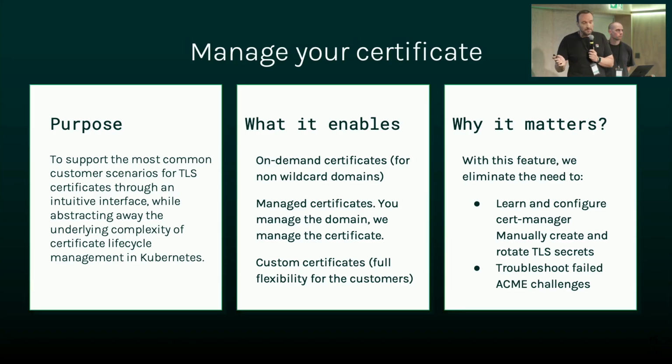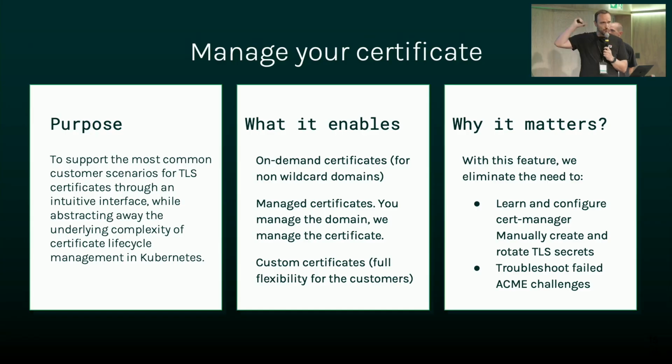And that's probably the most complicated feature and the one generating one of the most support tickets, which is the certificate. It's a very complicated topic, but basically we identify 3 types of certificate, right? The first one is the on-demand certificate. You just want to generate a certificate together with your ingress, and you don't want to do anything.